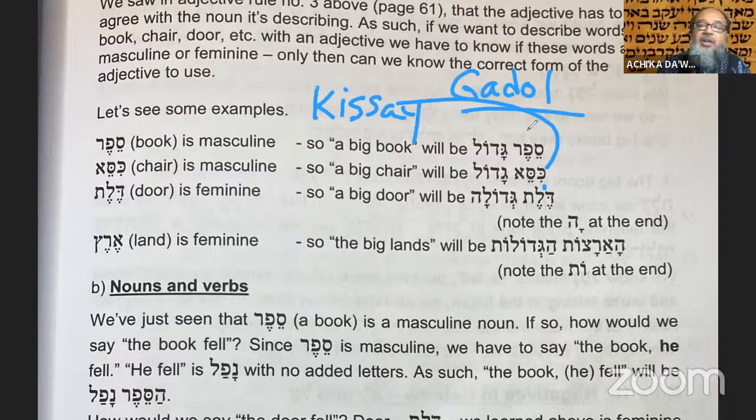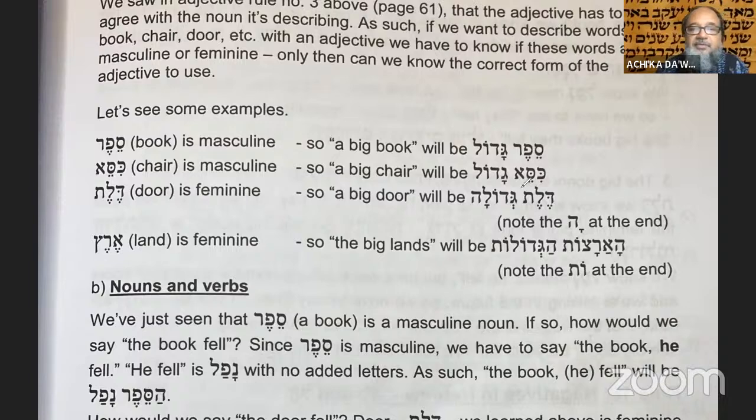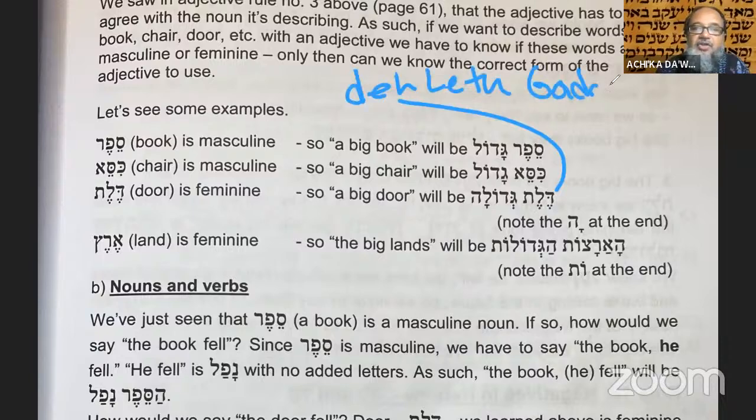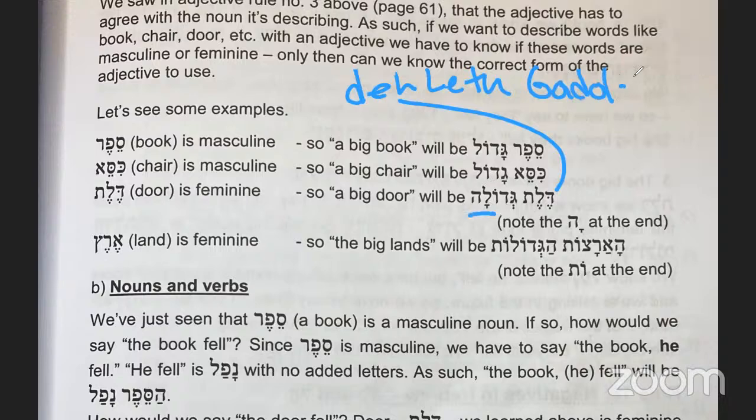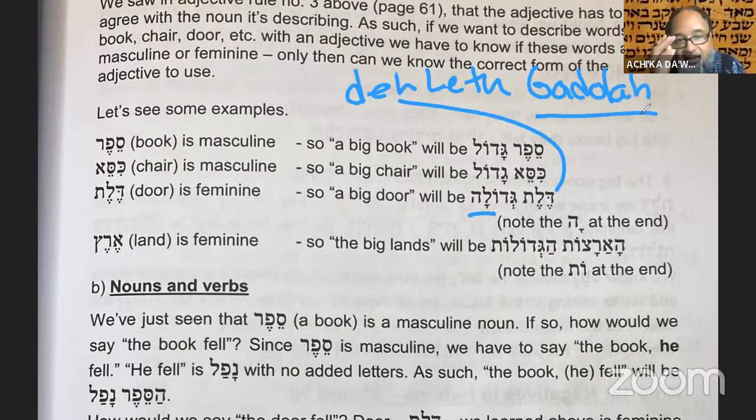How do you say a door? A great door. A big door. Yep. Delet gadol, what? Gadola. Why is it gadola? Because it's feminine.